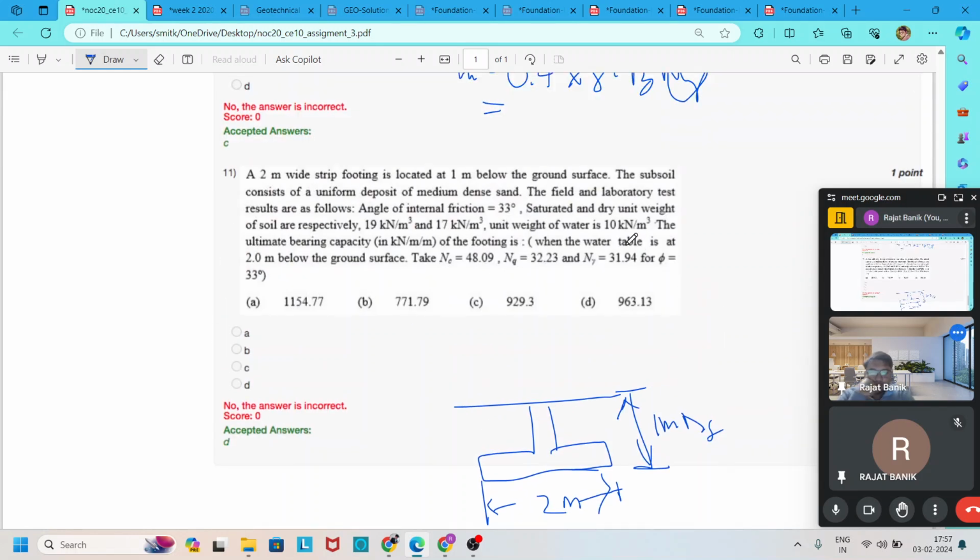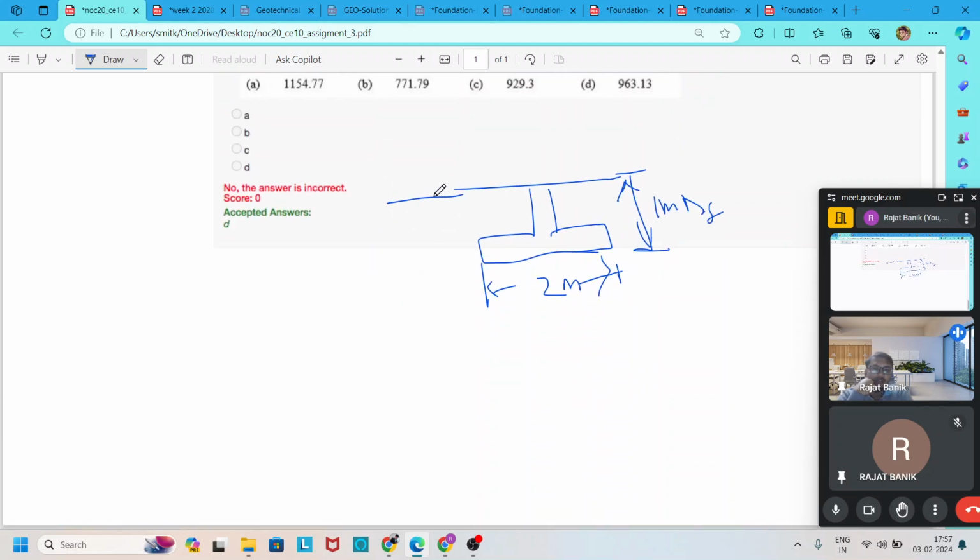And the water table is present at a depth of 2 meter below the ground surface. So from the ground surface, up to the water table is 2 meter, so 1 meter is here and the remaining part is 1 meter. We can see that this 1 meter is less than 2 meter, so there may be a water table effect.